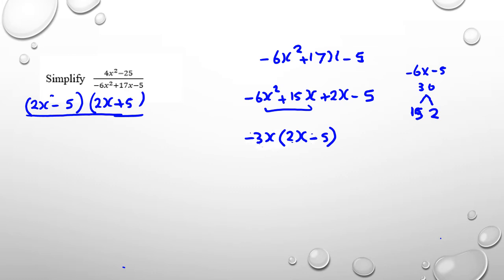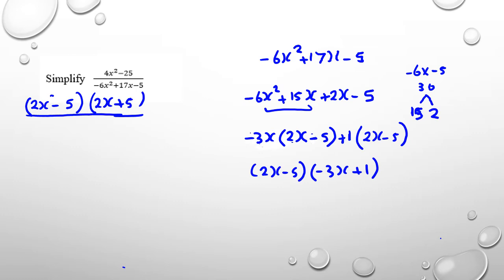This one here, there's no common factor, and the signs are the same because I've got positive 2x and positive 2x, negative 5 and negative 5. So I will take positive 1 as a common factor, which makes no difference inside the brackets. Now we'll take that bracket as a common factor, and what's left is negative 3x plus 1.